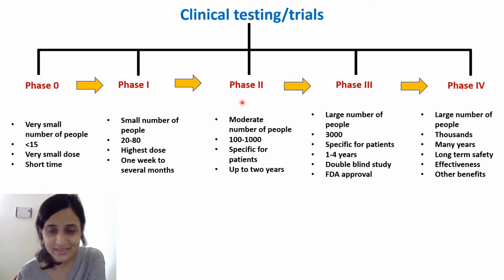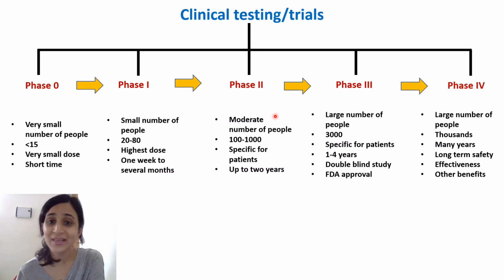So the next phase is phase 2. This phase involves several hundreds of participants who are living with the condition that the vaccine is meant to treat. That means in case of COVID-19, we applied this vaccine in corona patients only.